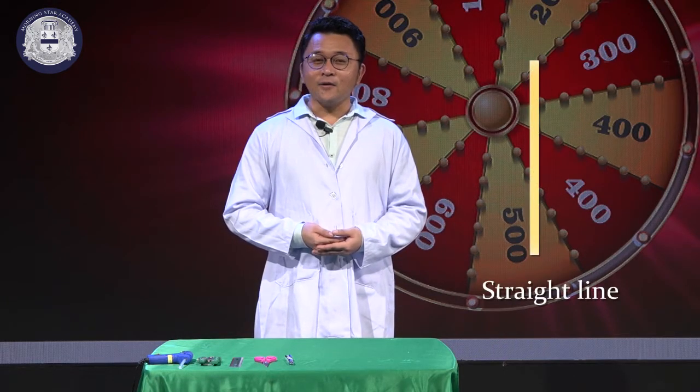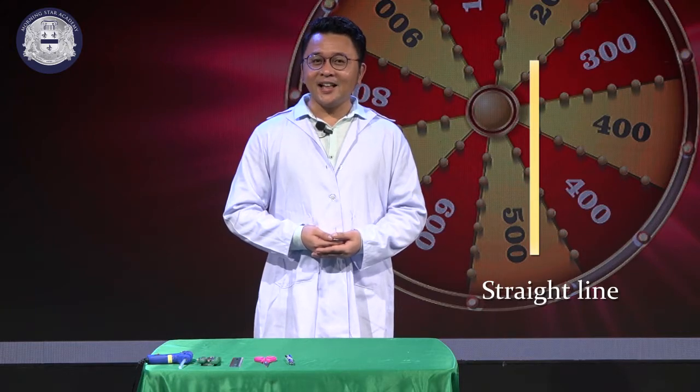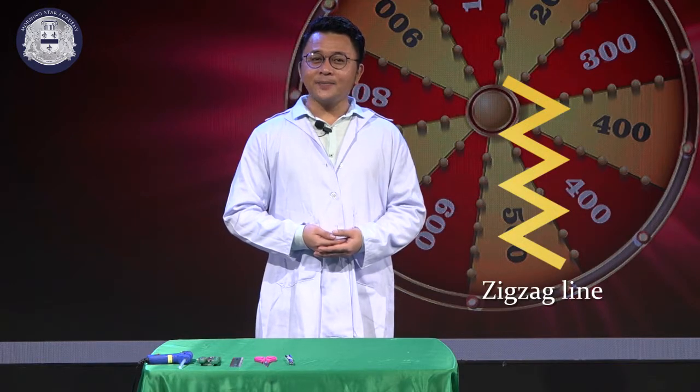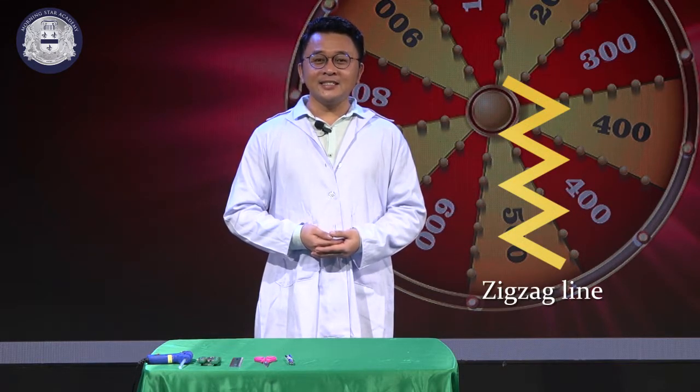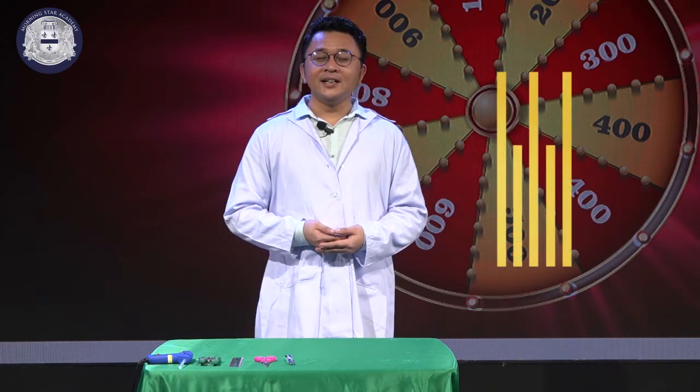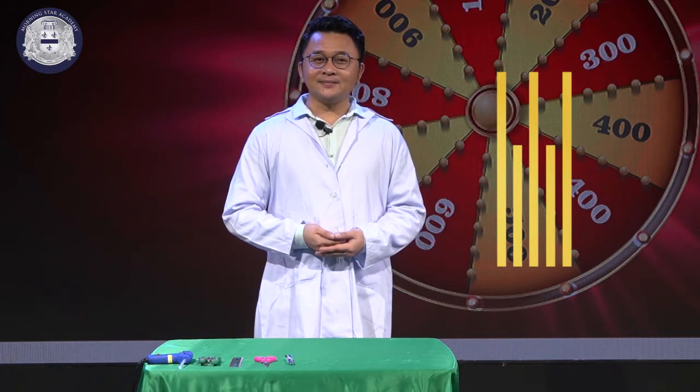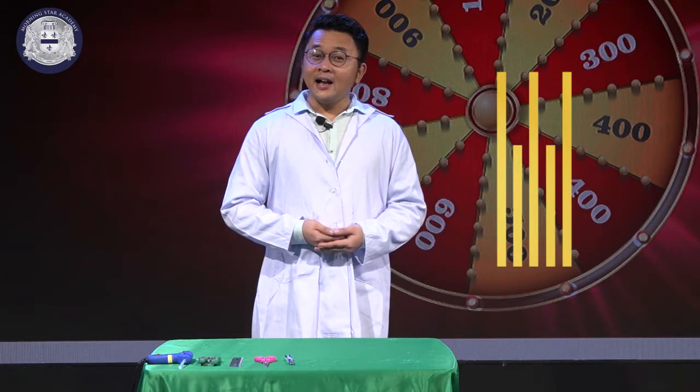We have different lines. The first one, we have the straight line. The second one, we have the zigzag line. And we also have this kind of line. It's like hills, up and down, up and down. But still, kids, it is an example of a line.